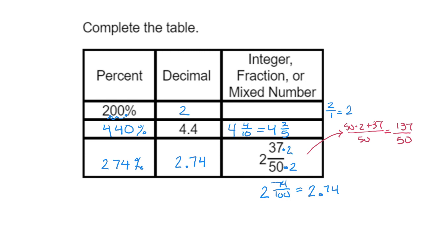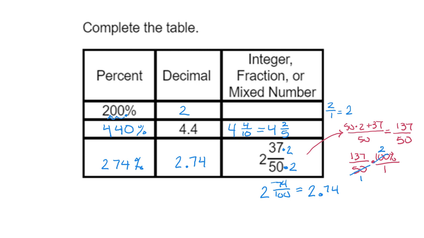And if you want to change this into a percent, remember what I said, you could take 137 over 50. And if we want to go from a fraction to a percent, you can multiply by 100%. All right, and the 50 and the 100 will reduce. 50 divides into 50 one time. 50 divides into 100 two times.